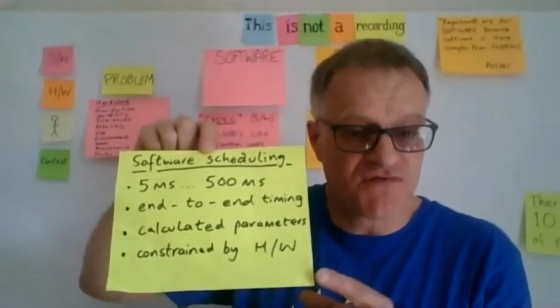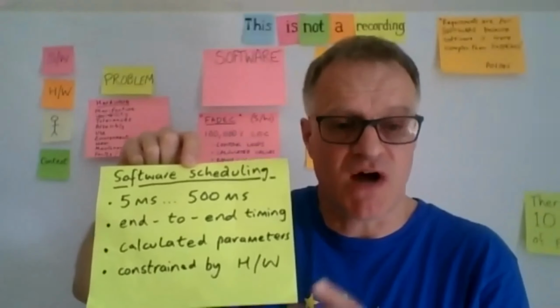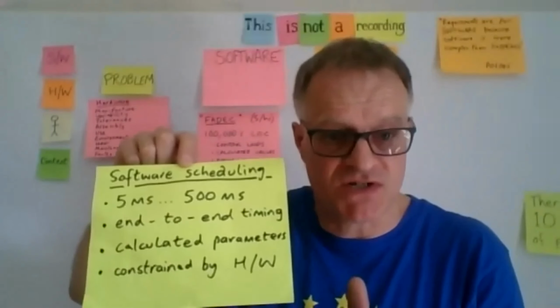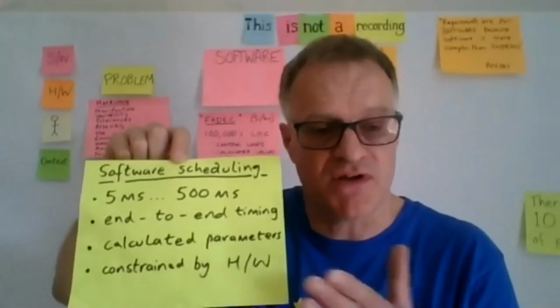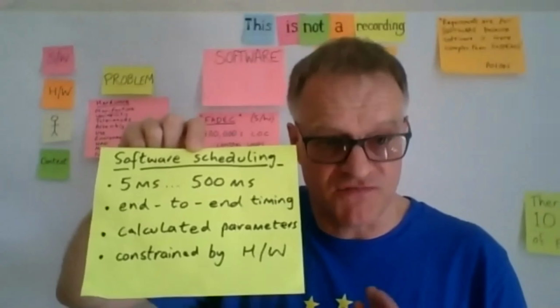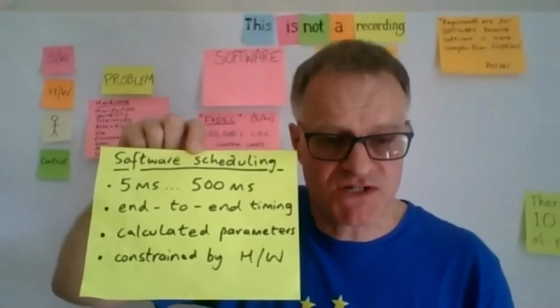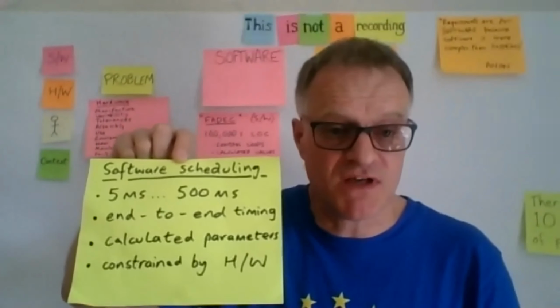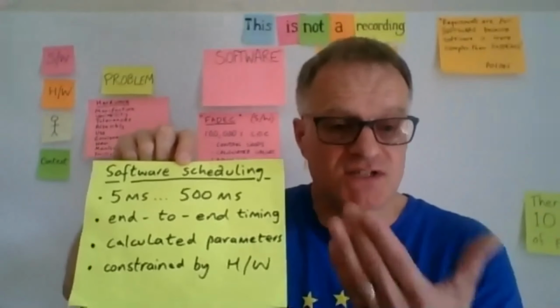And much of that is constrained by hardware. So how quickly is it possible to measure things? How accurate and how quick? To what level of resolution and so on are the hardware devices? How quickly can they measure? But also, of course, some of the things they're measuring only make sense over time.